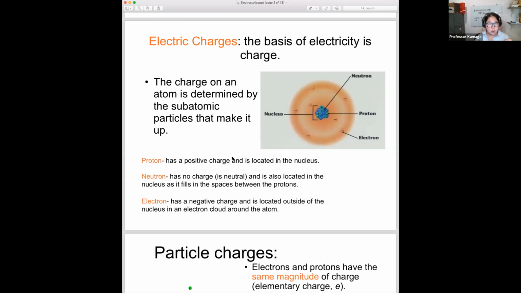Also, proton and electron have charge. Proton has a positive charge, electron has a negative charge, and neutron does not have any electrical charge. This is the charge we're talking about, the fundamental property of matter.